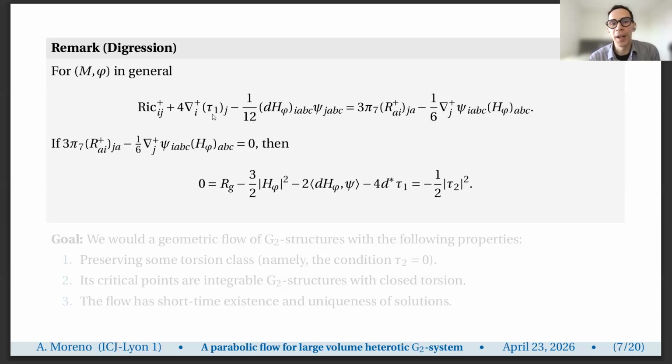And when you look at this equation equal to 0, which is a second-order equation in Nabla, given by the connection Nabla+, when these two tensors vanish, if you take the trace, for instance, what you get is that the norm of tau2 vanishes. So in some sense, this other term is hiding the integrable condition, that tau2 vanishes.